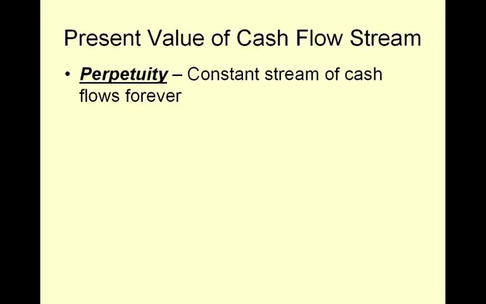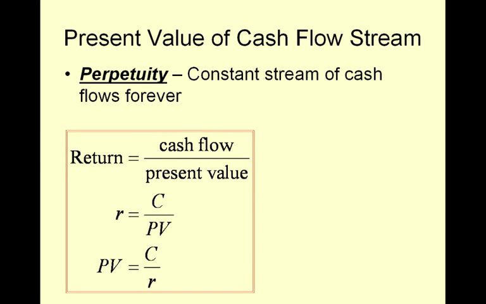Let's look at the determination of the present value of a perpetuity. We can think of, in general, the return on any investment as equal to the cash flow associated with that investment divided by the present value. Or more generally, the interest that we earn on an investment is equal to the cash flow of that investment divided by the present value.